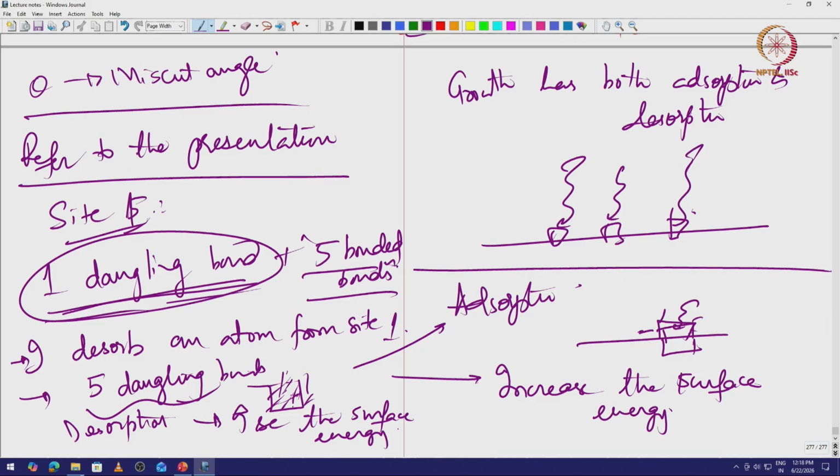So, any sort of addition or subtraction of atoms from this position is going to increase the surface energy from the starting. So, surface energy increases either with desorption or adsorption.